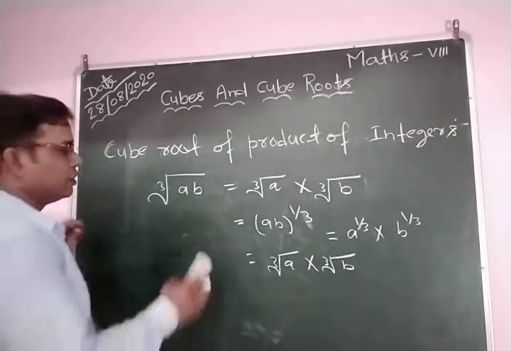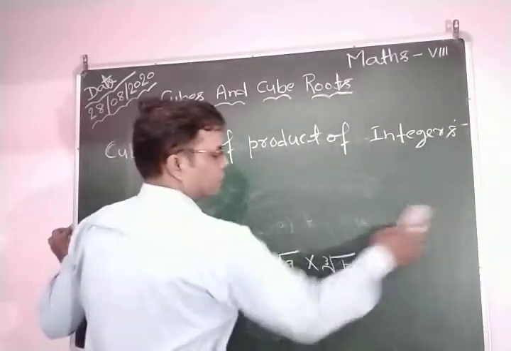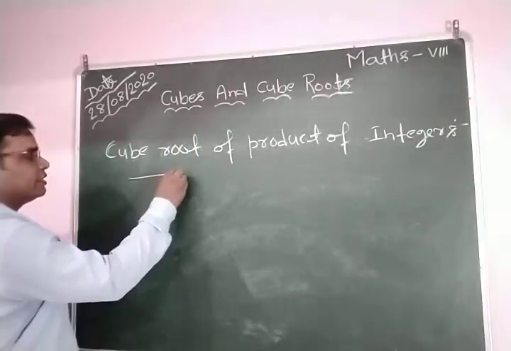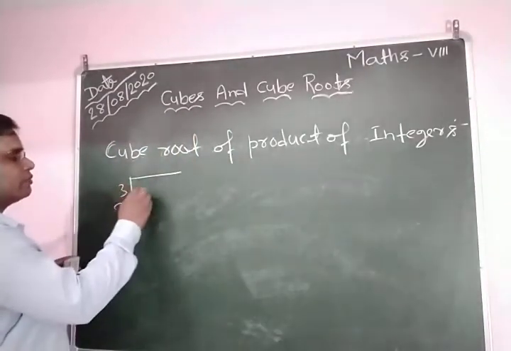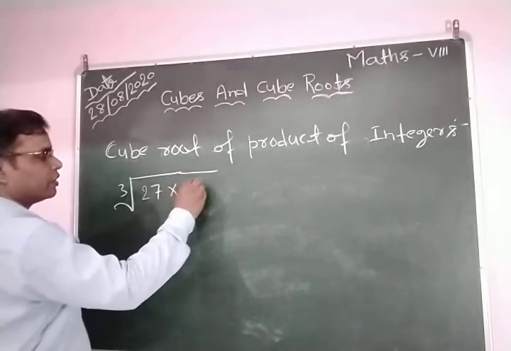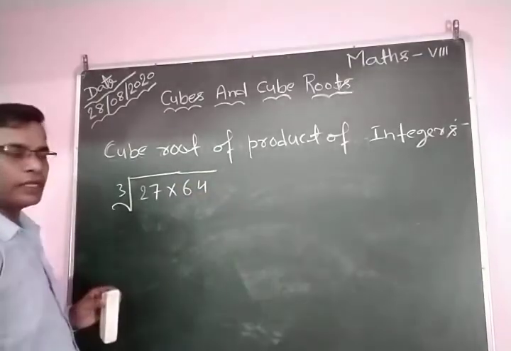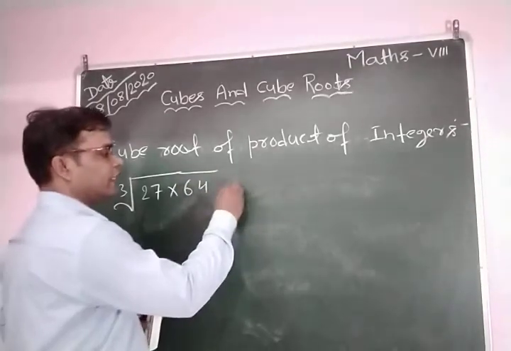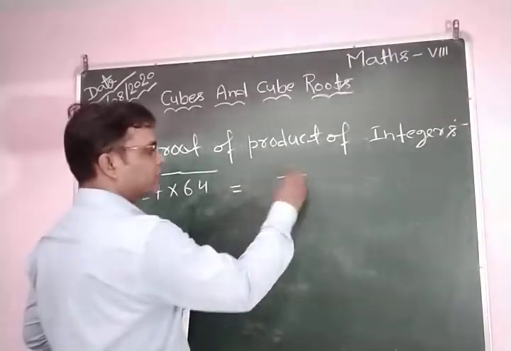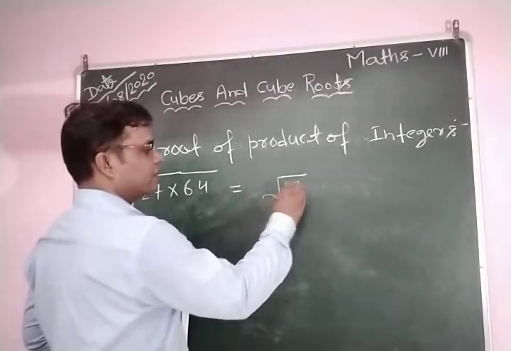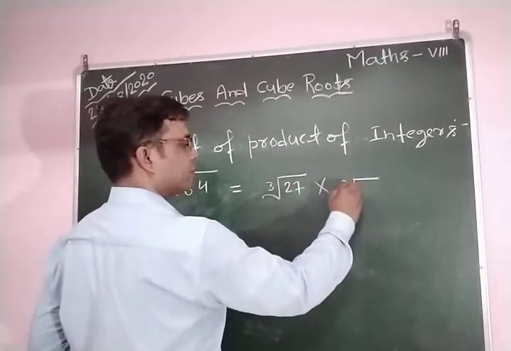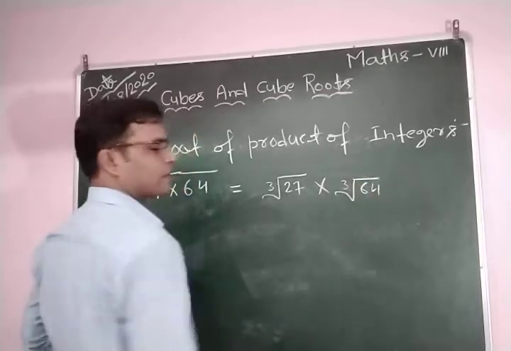Question is: cube root of 27 into 64. Find the cube root of 27 into 64. Okay, so you can write this as cube root of 27 into cube root of 64.